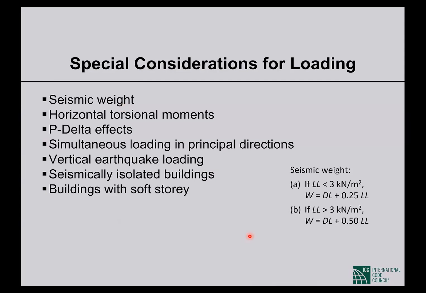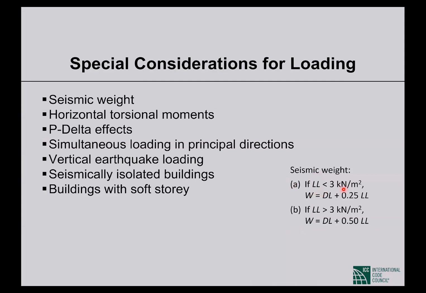In the previous version of the code, permanent dead load was the seismic weight. In case of storage or warehouses, we would consider some portion of live load and add that with dead load as seismic weight. But this time we have to consider some part of live load as seismic weight.